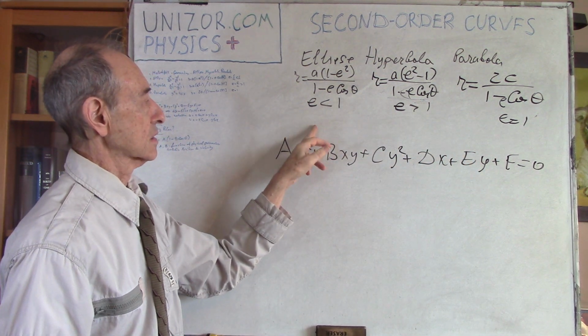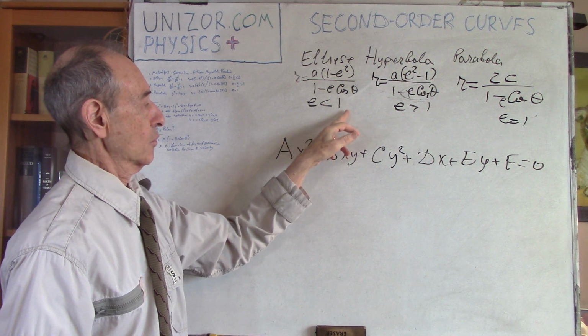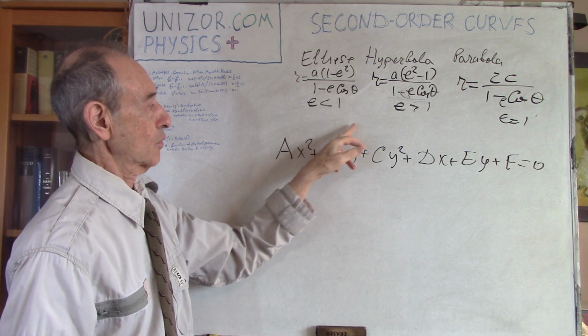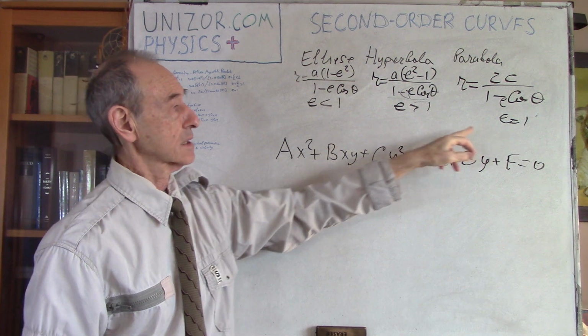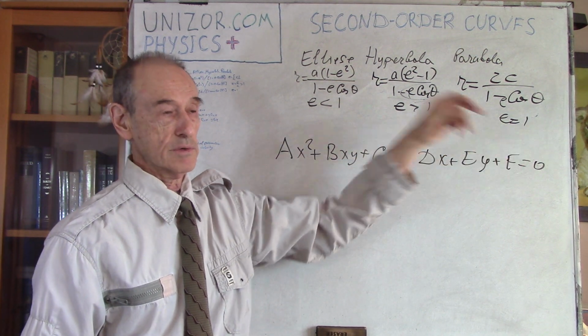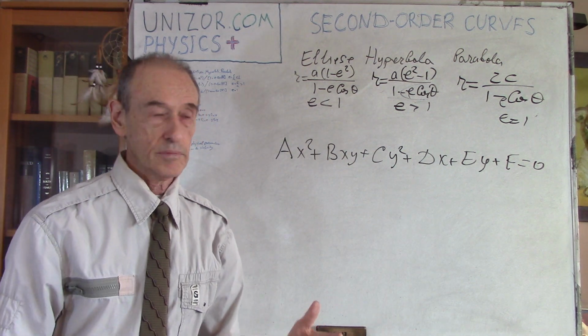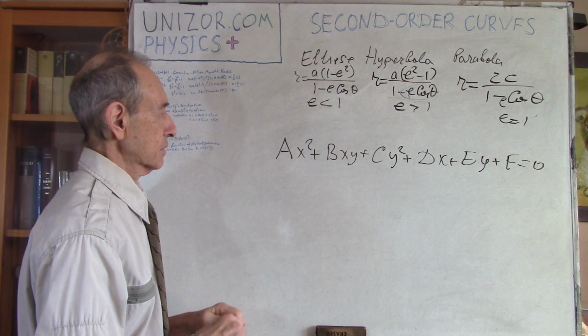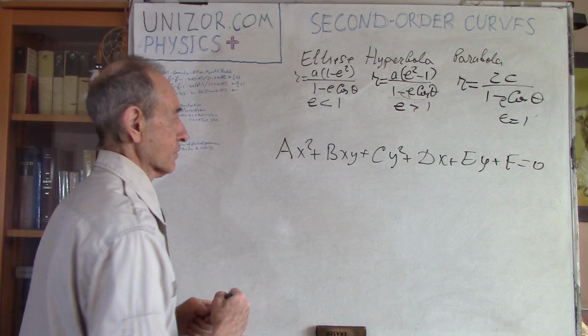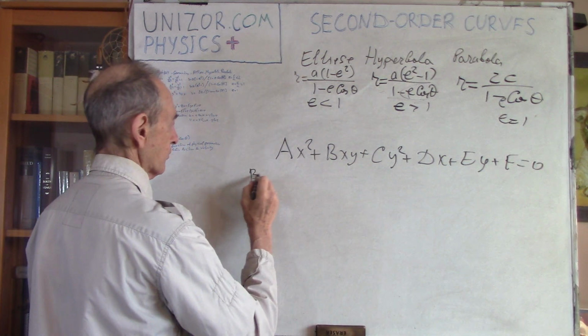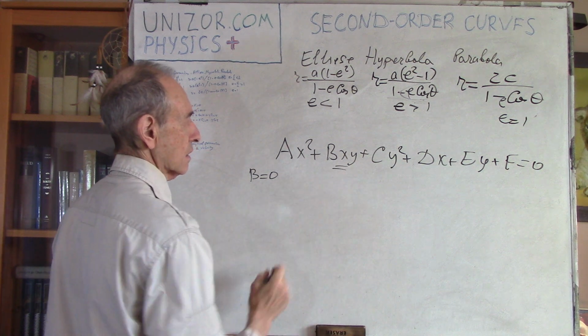This is x squared divided by a squared plus y squared divided by b squared equals 1. This one has a minus sign, and this one is y squared equals 4cx. Now, the answer is yes. Now, let me just do it in a very simple case. For example, b is equal to 0. So there is no mixed term here.